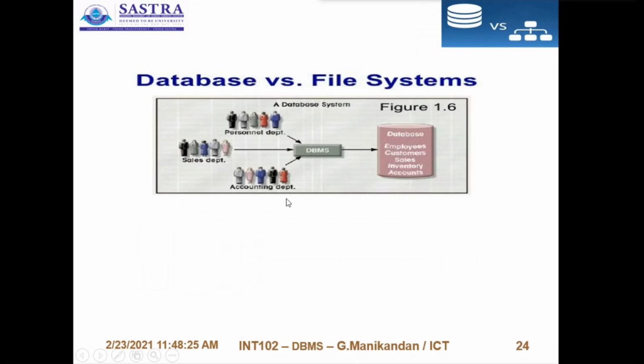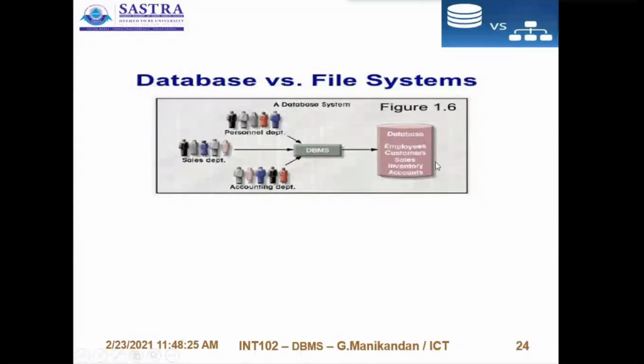So if you compare this with the examination related scenario from the previous slide, the data is stored only in a single location. So people from different departments, for example, examination, registration, library, can access the data from the same source.